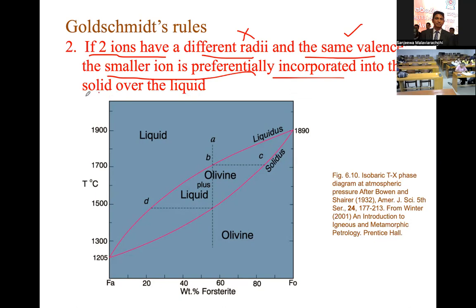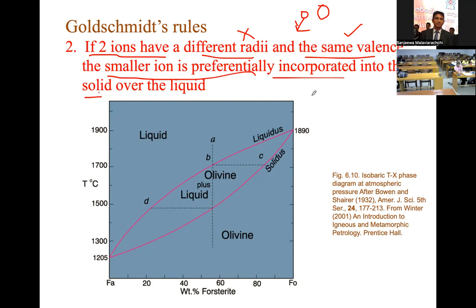That means for the solid, there is a preference for the small ion. So if you have two ions of two sizes but the same charge, to the solid, that means to the residue, what is more preferentially incorporated? The smaller one will be going preferentially to the solid. That means to the melt, it will contribute only a little.